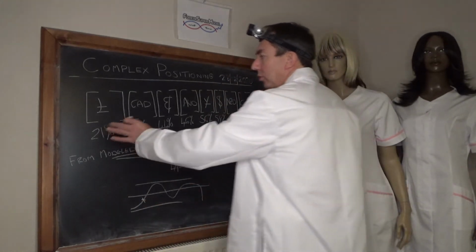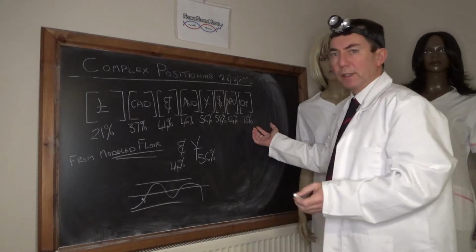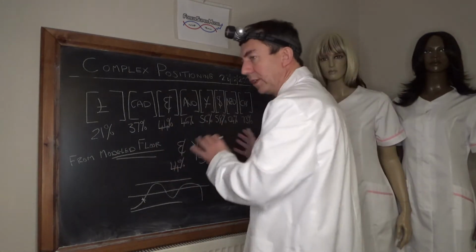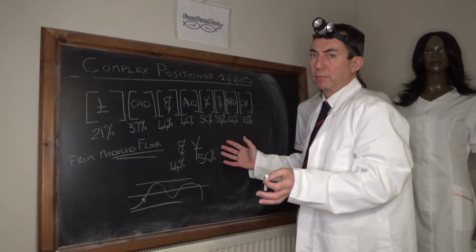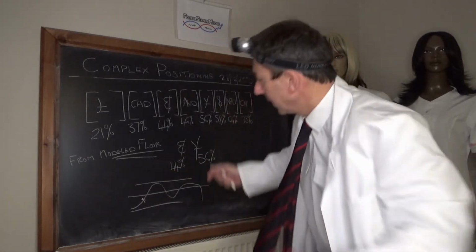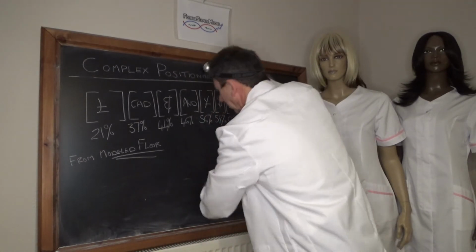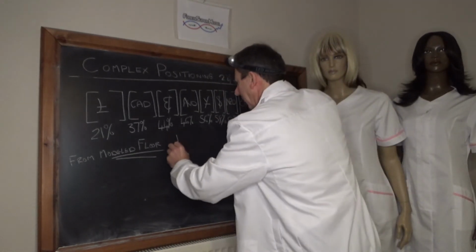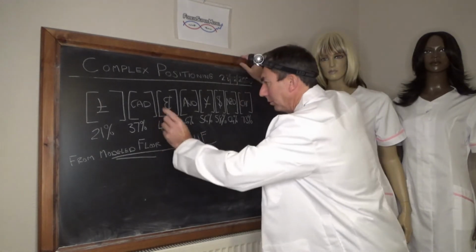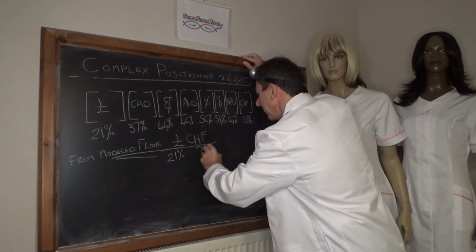And likewise, if you look at the extremes, the pound is the weakest complex at 21%, and the Swiss franc is the strongest complex in terms of positioning at 73%. So the pound Swiss franc as a pair would be, so the pound is at 21% and the Swiss franc is at 73%.